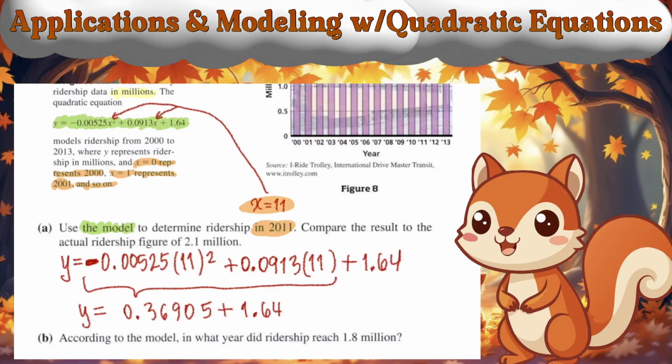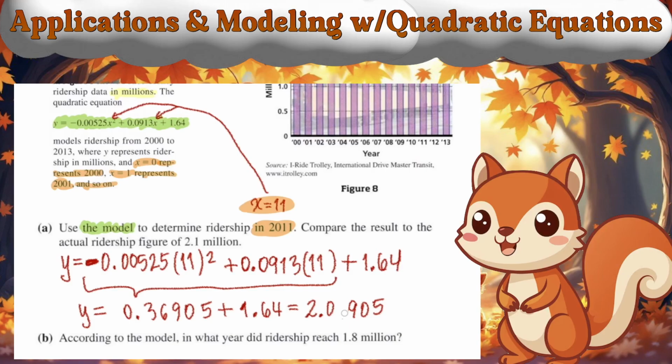If you didn't, mess around with it until you do and pay attention to what you needed to do to make that happen. And then when all is said and done, what I got was 2.00905.